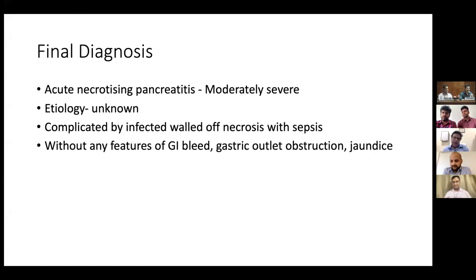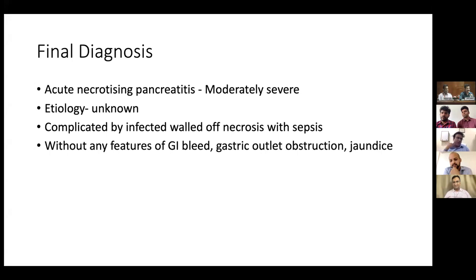Mild pancreatitis, we are not having any complication, we are not having any organ failure. Moderately severe pancreatitis, you need to have a transient organ failure. So if respiratory distress was there, how long it persisted, and what was the PaO2 to FiO2 ratio, we need to have in place before we say whether it's moderately severe or severe.